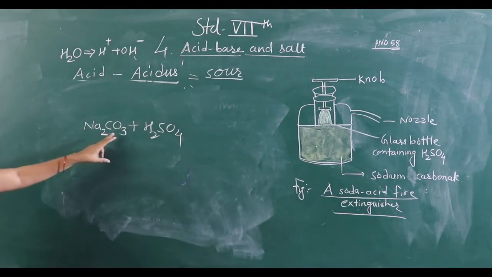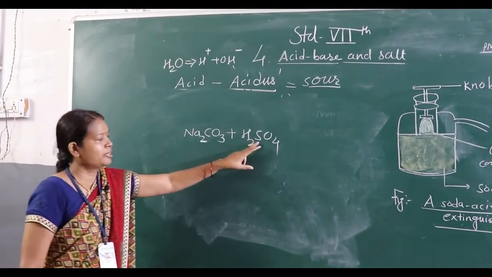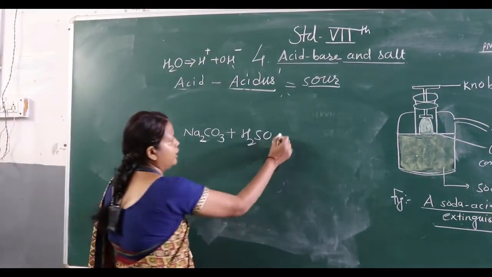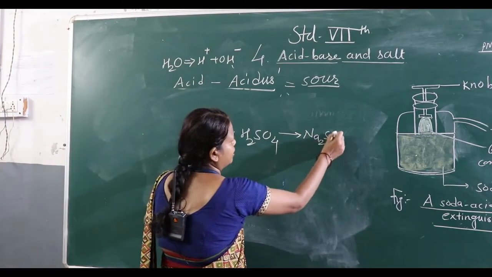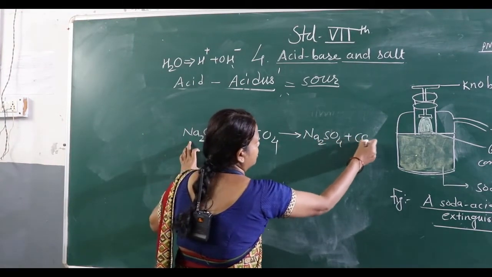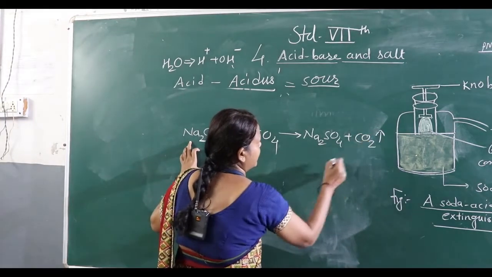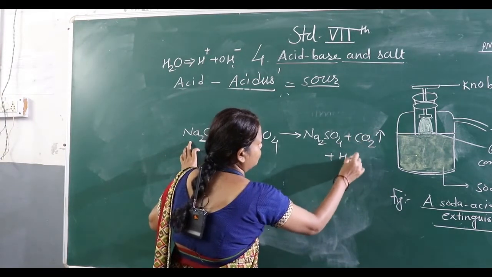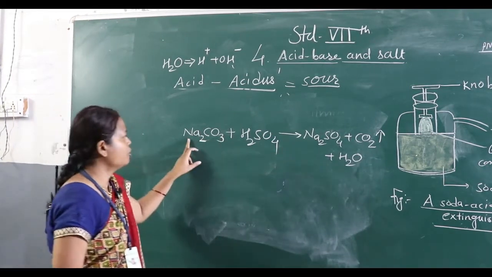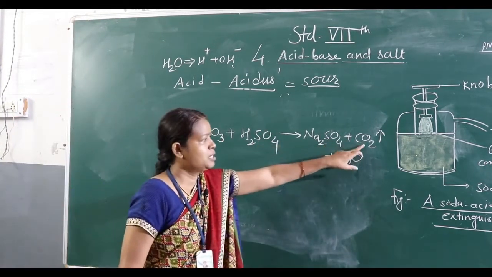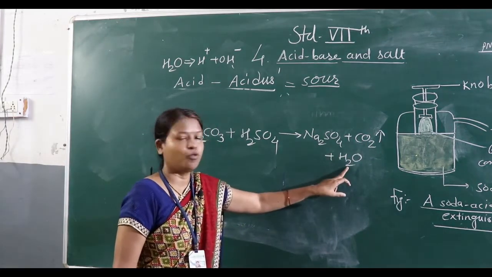When sodium carbonate solution comes in contact with sulfuric acid, it produces sodium sulfate plus carbon dioxide gas plus water.